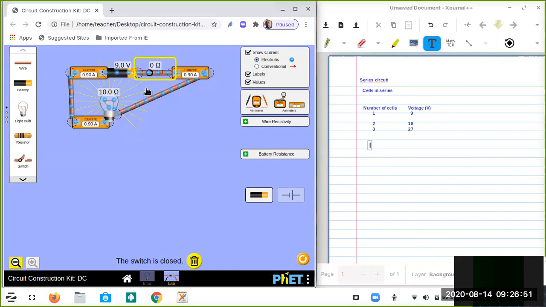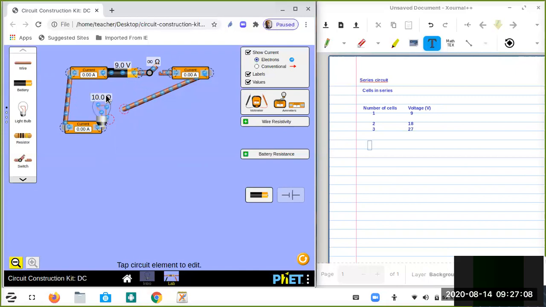Right, let's see if we are to connect one more resistor. In this case, our resistor is what? Our resistor is the electric bulb. Let's see what happens.